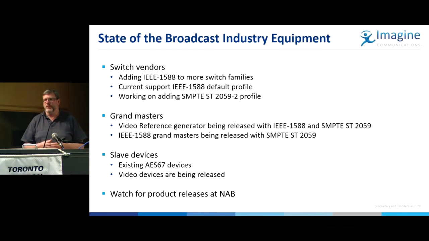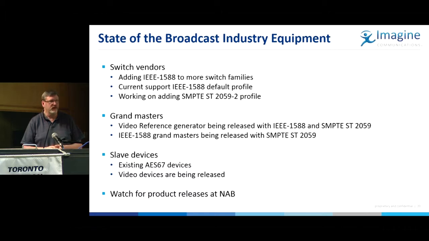Most of the switches today will support the 1588 default profile. The 2059 profile is being added to those switches. In the very near future, you'll see several of the switch manufacturers making announcements about adding that capability. Several of them are actively working on this, and they're getting close.